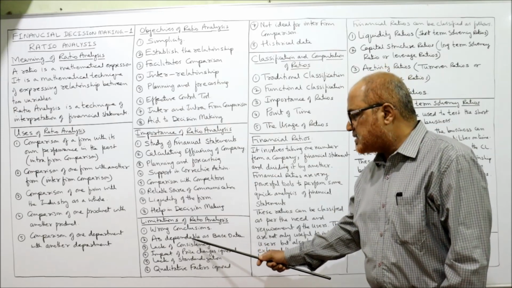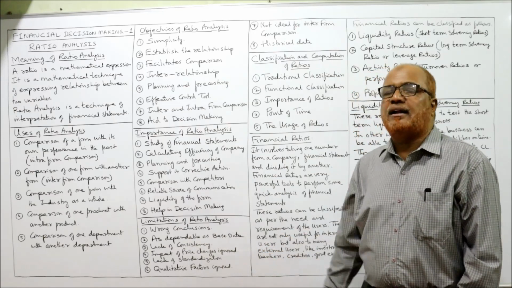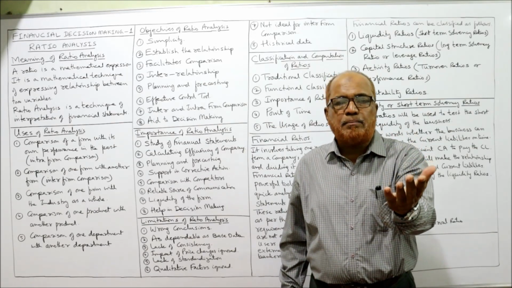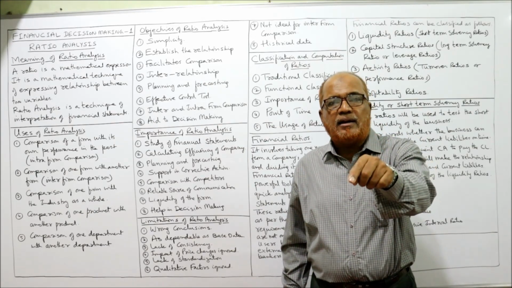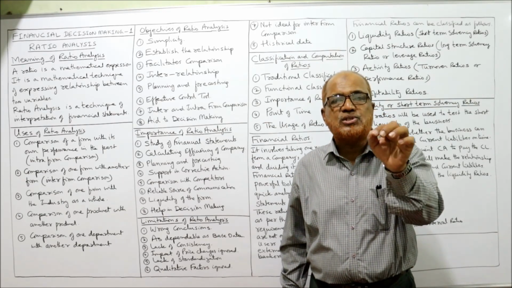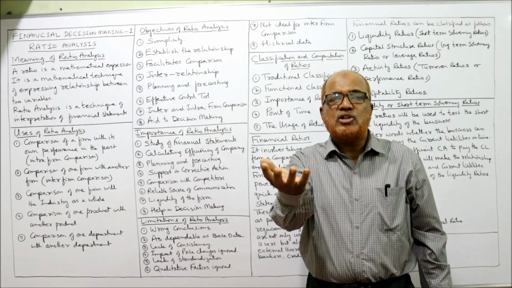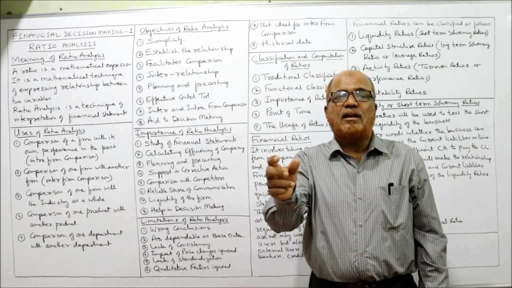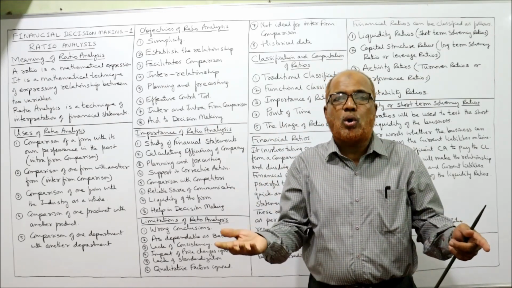Next, ratios are only as dependable as the base data. Ratios are calculated from the financial statements. So before calculating the ratios, you should make the correct financial statements. If financial statements are window dressed, then definitely the ratios calculated will also go wrong.